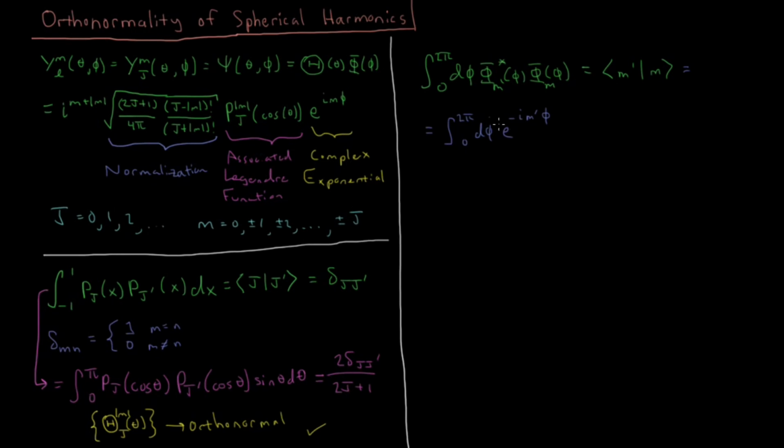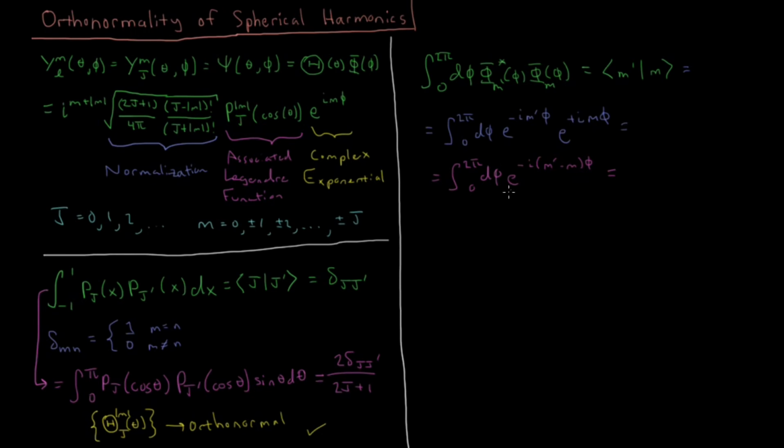We switch any minus signs on the imaginary part, times e to the plus i m phi, and this equals, continuing on to the next line, the integral from 0 to 2 pi d phi of e to the minus i (m prime minus m) phi.